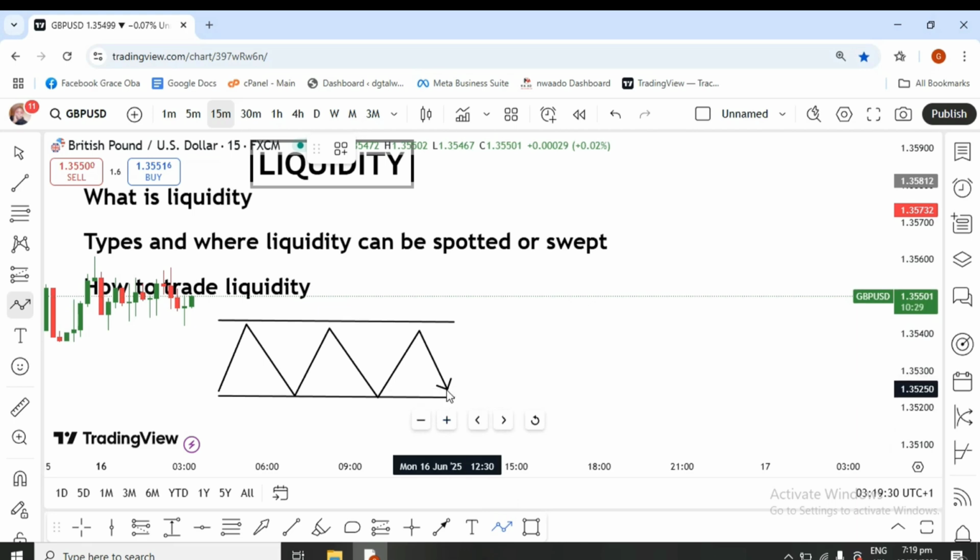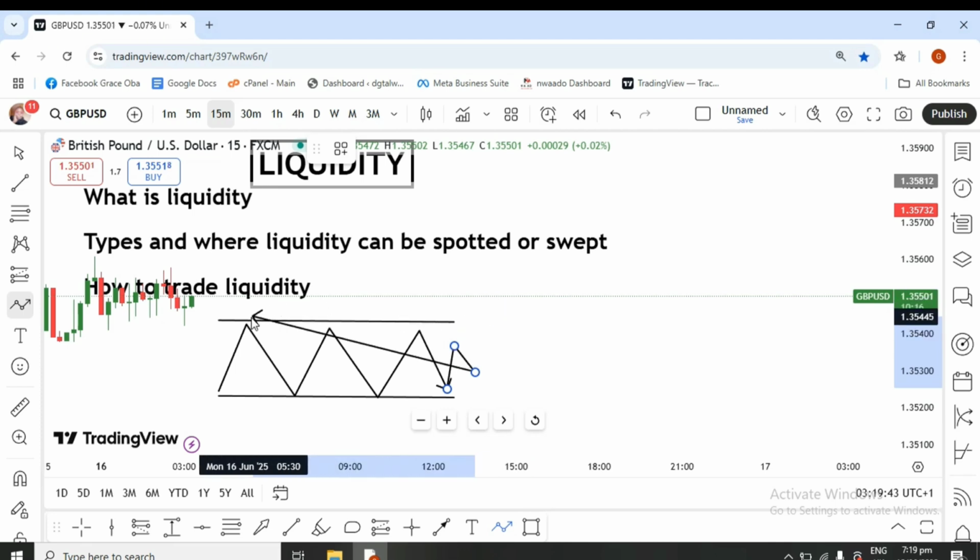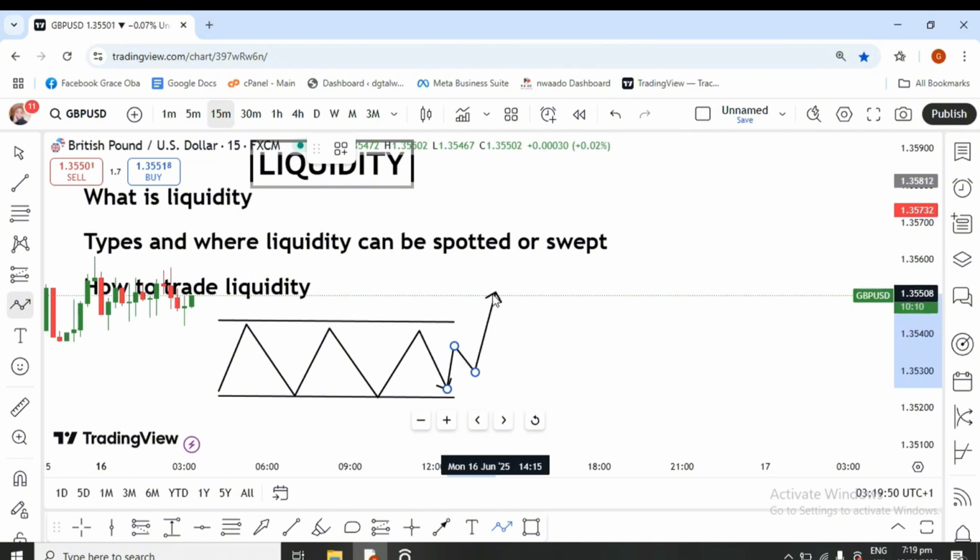So let's take, for example, engineering liquidity from here, then sweeping above this high, taking off all the liquidity that is resting above these equal highs, right? Taking off all this liquidity before actually trending down, right?